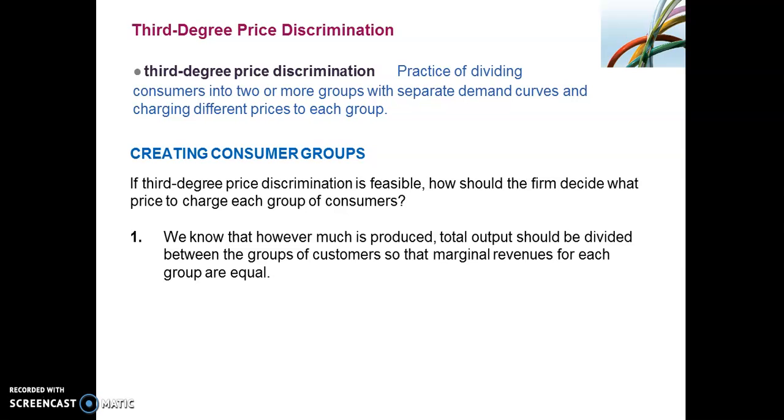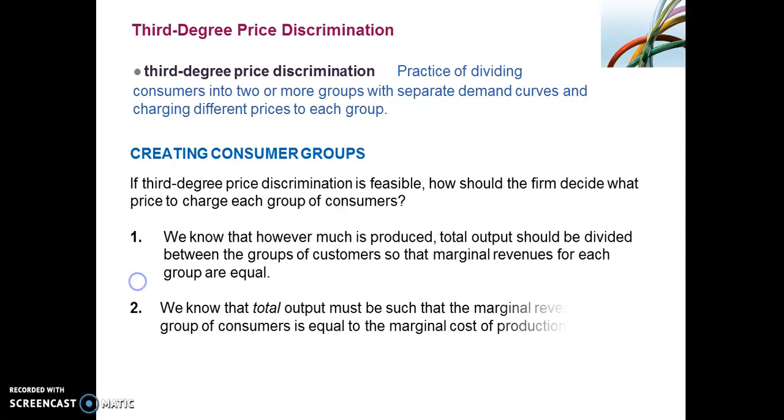If third degree price discrimination is feasible, how is the firm going to decide what price to charge each group of consumers? We know that however much is produced, the total output is going to have to be divided between the groups of customers, such that the marginal revenues for each group are equal.